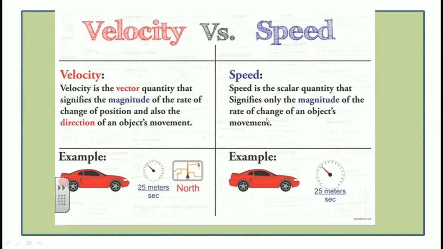Speed is a scalar quantity that signifies only the magnitude of the rate of change of an object's movement. For example, a car is moving at 25 meters per second, but it is not giving its direction.